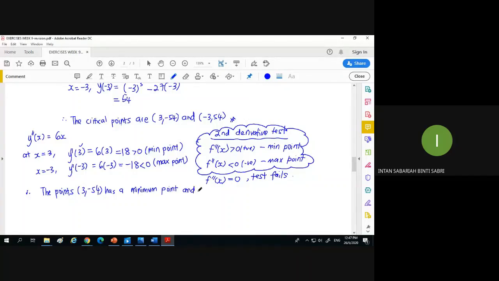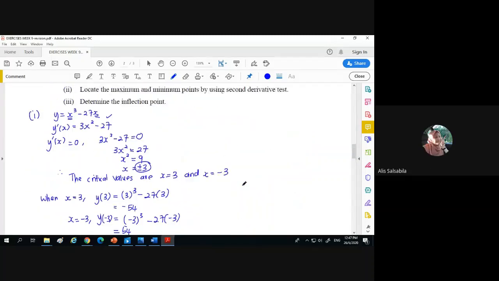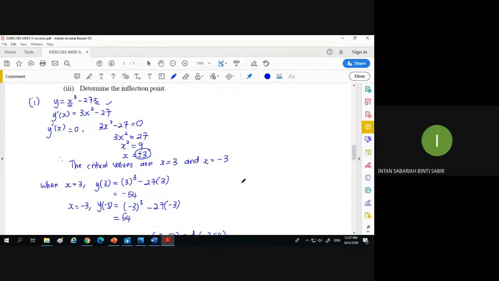And negative 3, 54. Okay, negative 3 kat sini kan? So dia adalah has a maximum point. Okay, good, maximum point. Itu saja.